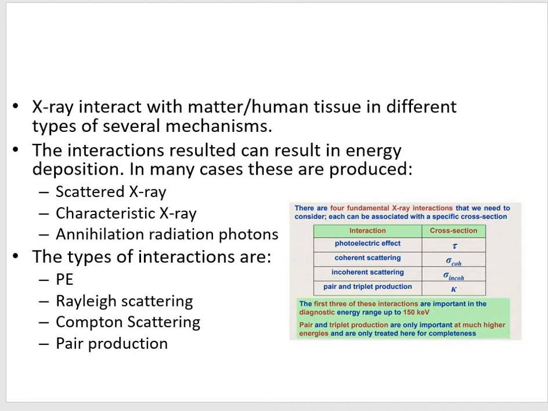And kappa is for pair production. So only the first three are important in the diagnostic range of energy. But mind you, as photons interact at higher energy, pair production or triplet production would actually occur.